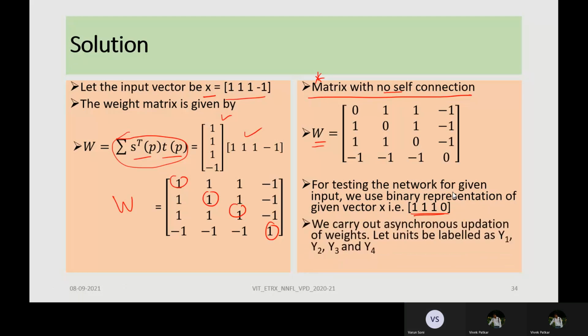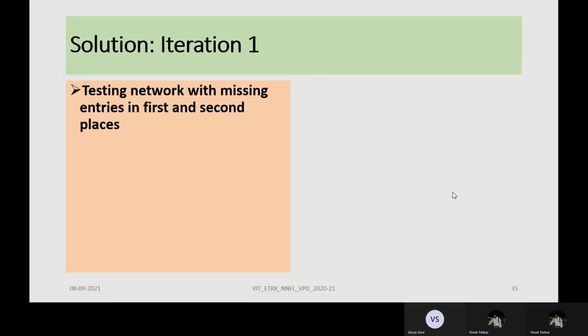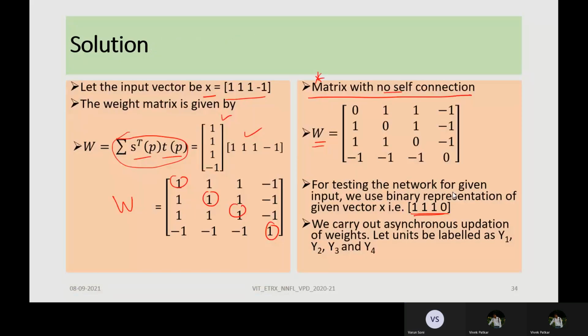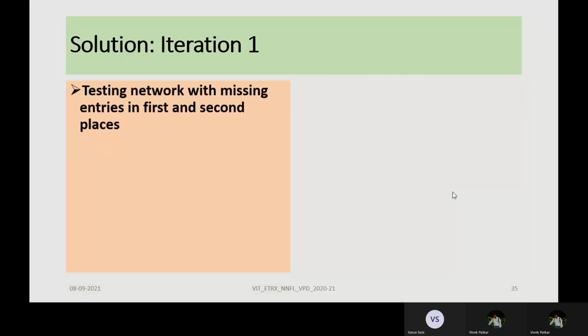So we have to carry out asynchronous updation, क्योंकि हम लोग ने बोला है कि at a time only one unit will be updated, right? Yes, sir. So iteration number 1, testing the network with missing entries in first and second place.